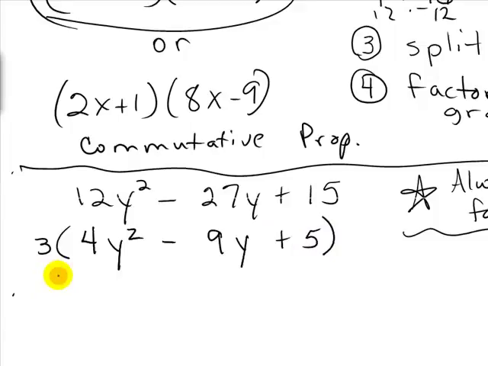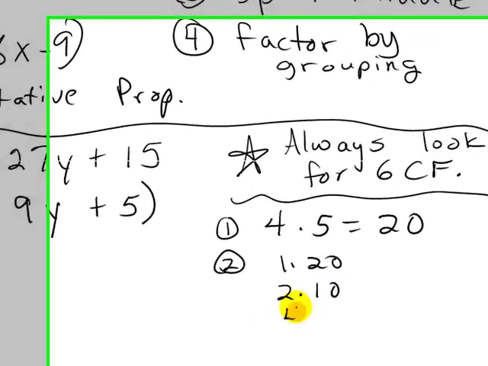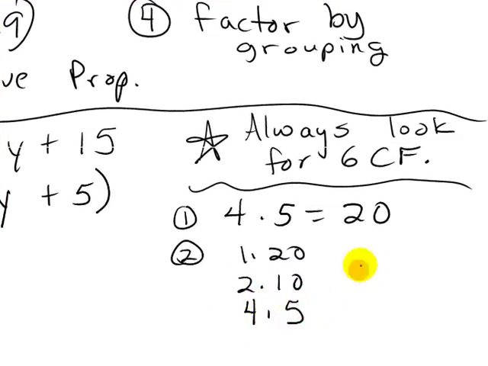So step 1, 4 times 5 equals 20. Step 2, I need the factors of 20. 1 times 20, 2 times 10, 4 times 5. And I need them to combine or add or subtract to equal that negative 9.